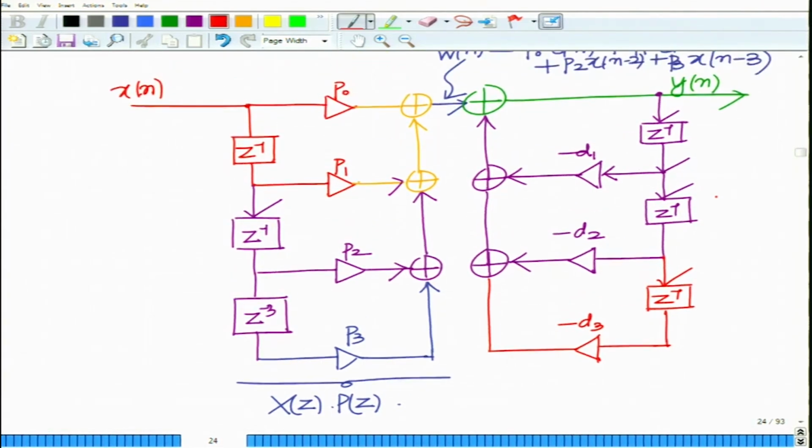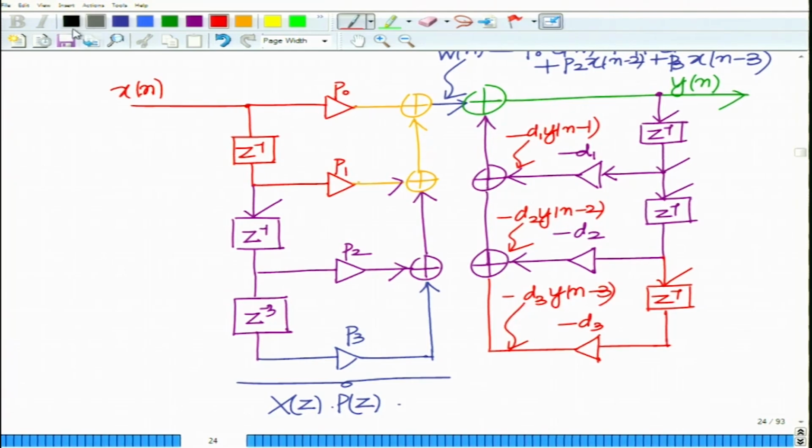So, at this point you have minus d1 y[n minus 1], at this point you have minus d2 y[n minus 2], and at this point of course you have minus d3 y[n minus 3], okay, and this when added to w[n] gives you your y[n].